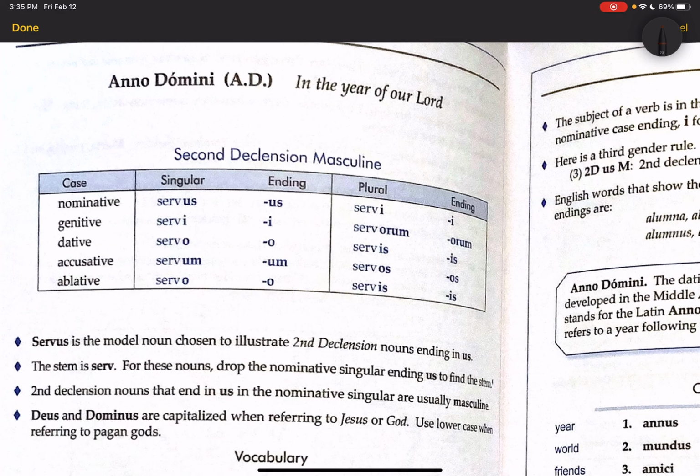So you can see here that the endings are us, e, o, o, e, orum, is, os, is. The stem of this noun is serv. For these nouns, you drop the nominative singular ending to find the stem. So here we would drop the us off of servus and find that our stem is serv.